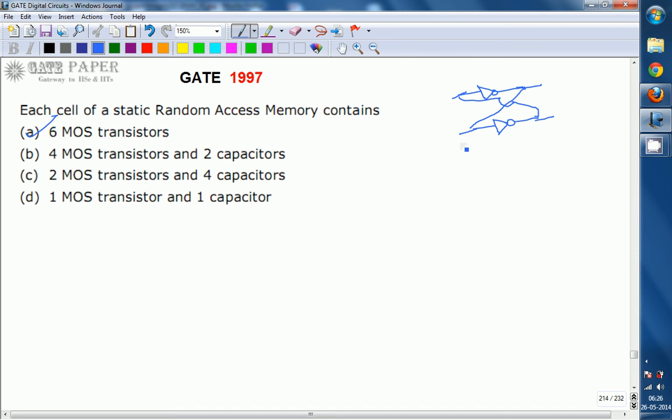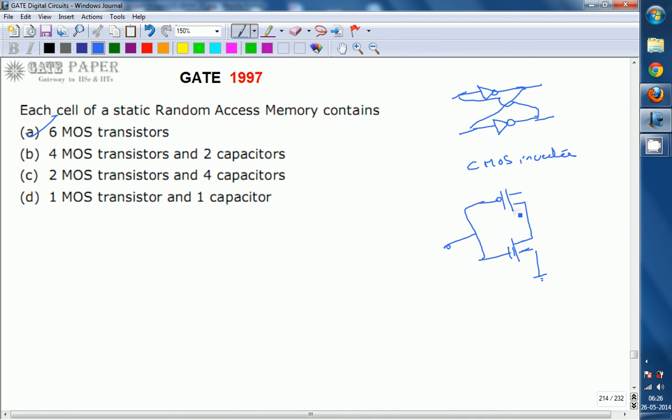In this, the inverters are going to be replaced with CMOS circuits. The inverter is replaced with a CMOS inverter, which consists of one NMOS and one PMOS. This is a simple CMOS inverter diagram. This is the PMOS and this is the NMOS. So you have two inverter circuits, and the output of one acts as the input for the other because of cross coupling.